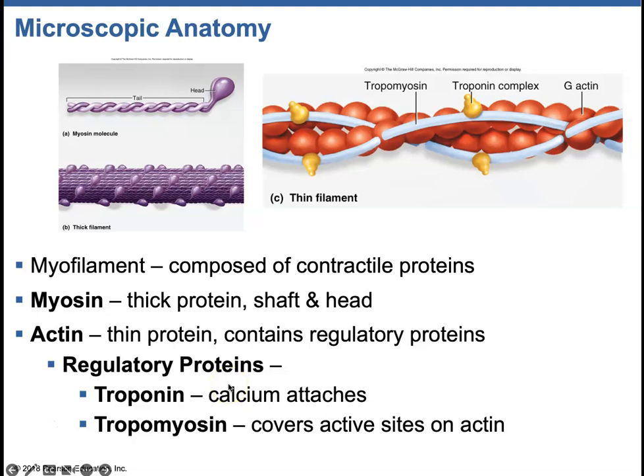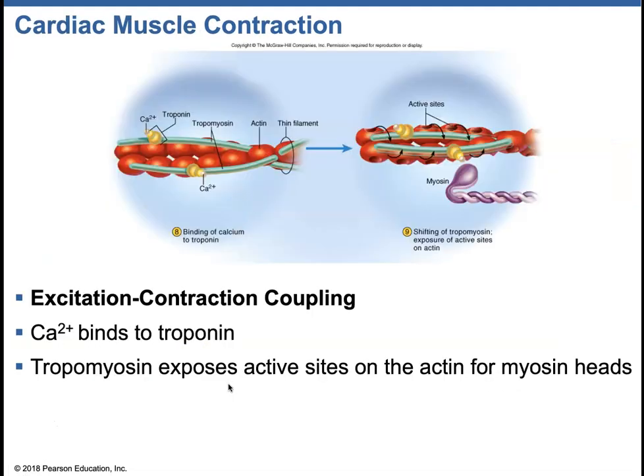And why we care about these is that calcium will go and find the troponin and attach. The troponin is attached to the tropomyosin, so when the calcium lands on troponin, it triggers the tropomyosin to get out of the way and expose what are called the active sites of the actin.